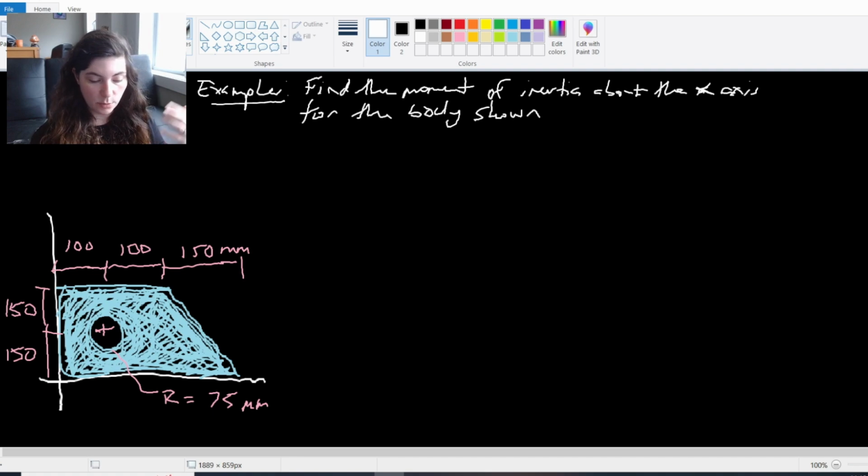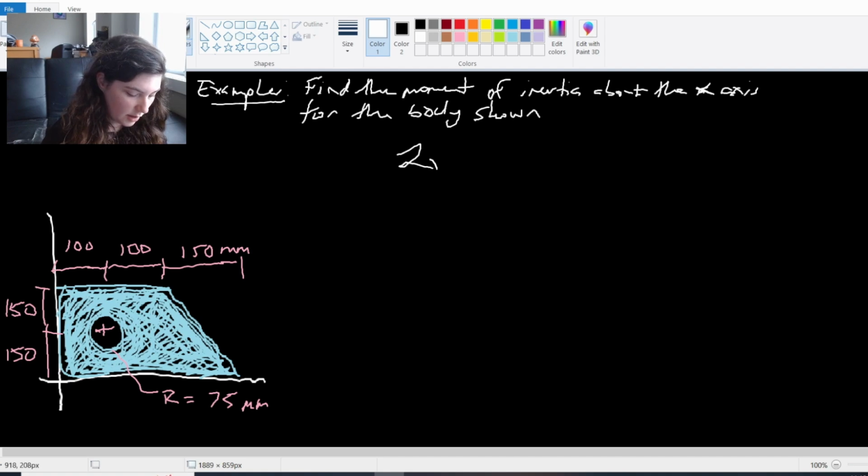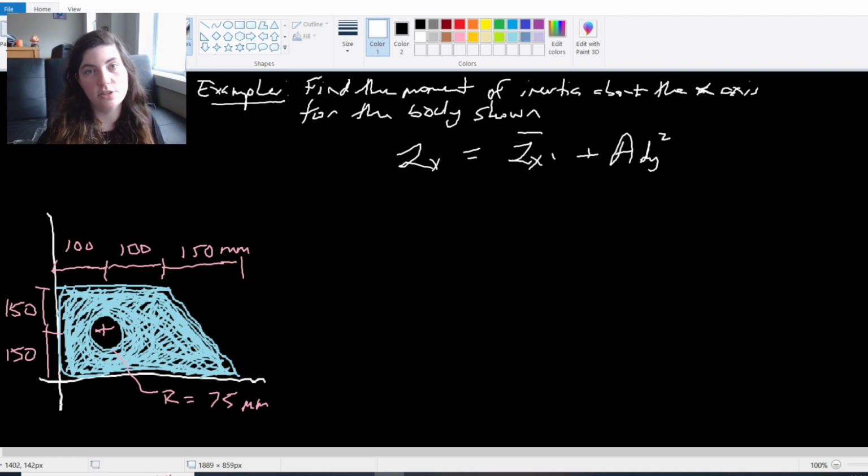So since we're finding the moment of inertia about the x-axis, we're going to use our moment of inertia x equals the centroidal moment of inertia plus a dy squared, right? We have to use our parallel axis theorem. And so those are all of the little ingredients of information that we're going to be pulling out from each shape. So let's break down our shapes here.